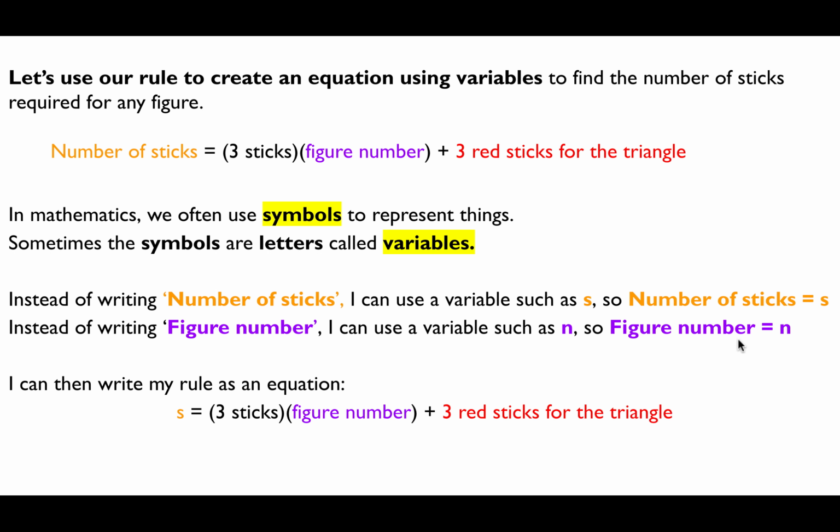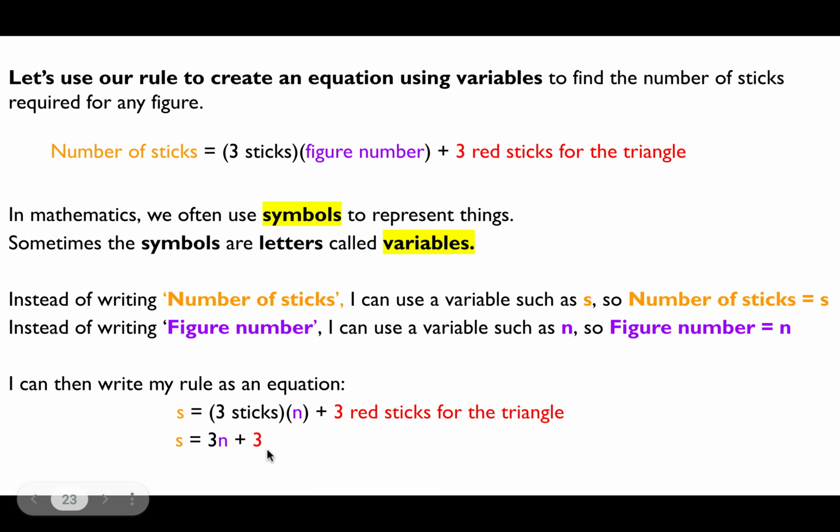And I know that my figure number stands for n because I defined my variable n for figure number. So let's replace figure number with n. And now I don't need to write sticks or red sticks for the triangle. I can just use my numbers and my variables. So S equals 3 multiplied by n plus 3, and that'll tell me the number of sticks.